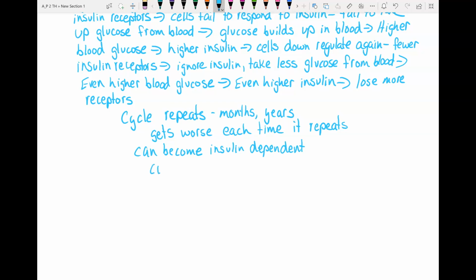Because as you go through the cycle, the pancreas keeps having to work harder and harder for diminishing results. And you can actually work your pancreas to death and then become insulin dependent.